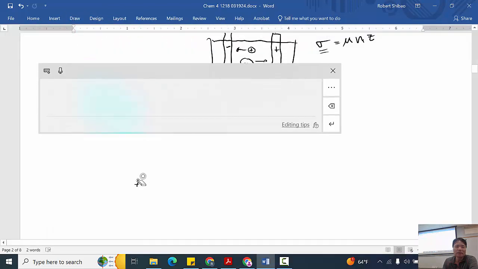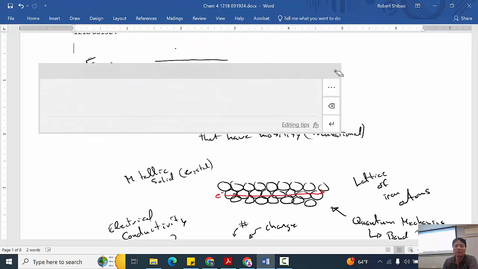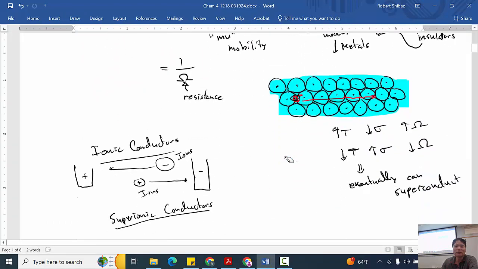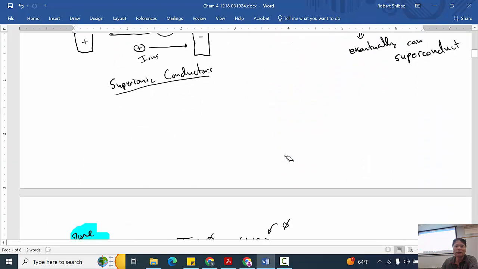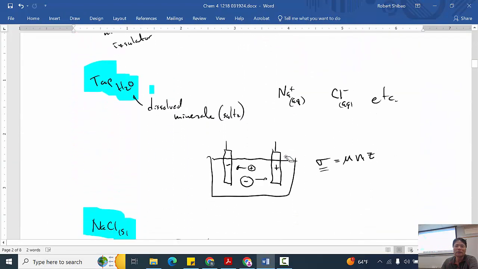But wouldn't they have canceled out in tap water? We have a plus and a negative. Shouldn't they have canceled out there? So shouldn't it have been a non-conductor?